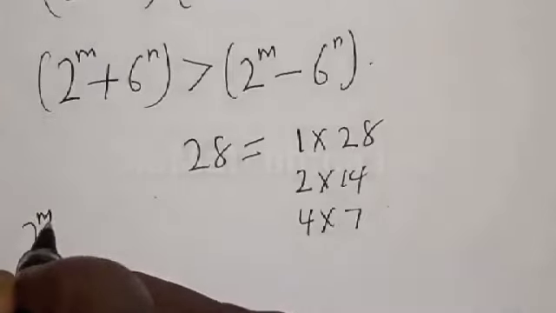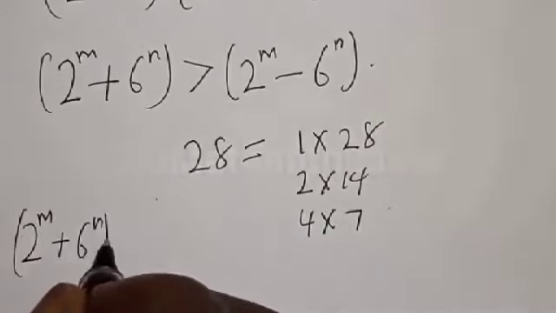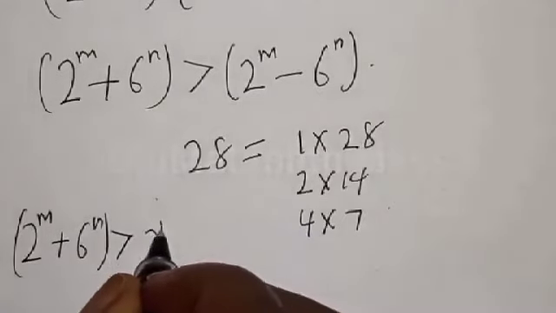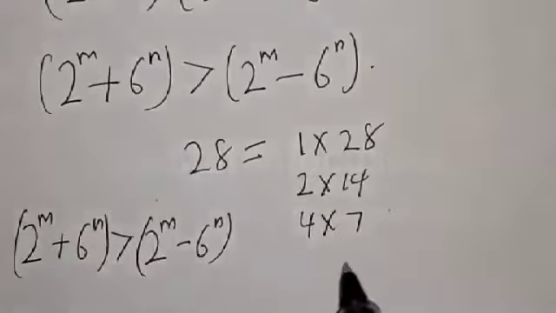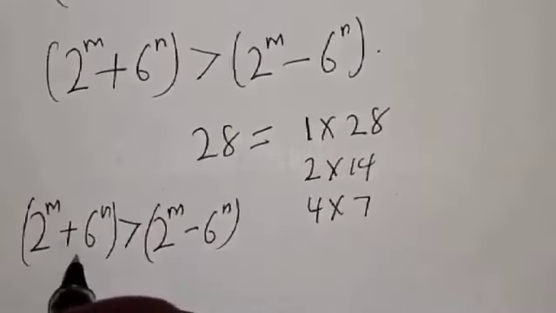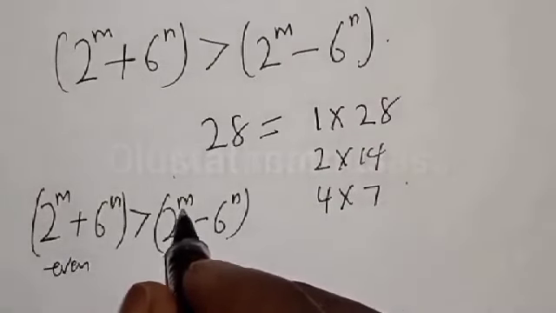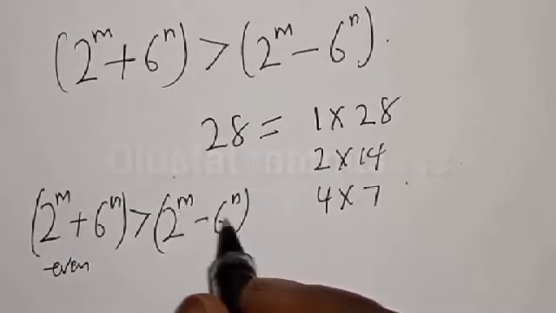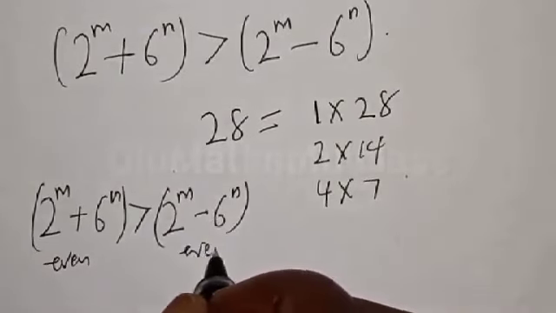2^m plus 6^n is greater than 2^m minus 6^n. Now, from here, this is even, and 2^m minus 6^n is also even.